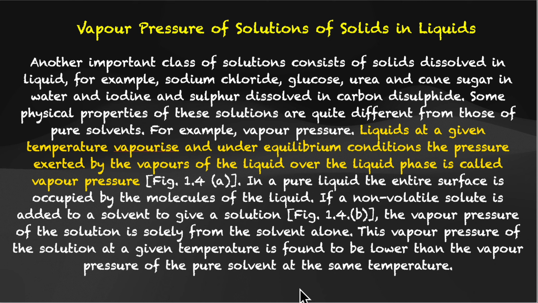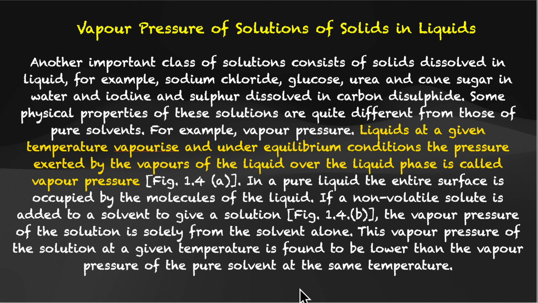Now in the pure solvent, the 10 molecules will vaporize and become their own vapor phase, and that vapor phase will exert a pressure on the liquid. All the 10 molecules will do so. When I add the non-volatile solute, it will not vaporize. Only the solvent particles present there will vaporize. But how many particles are present at the surface of the solvent? Only 5 solvent particles. That means only 5 molecules will vaporize and exert a pressure on the liquid, called the vapor pressure.